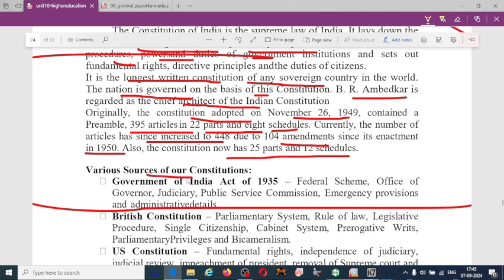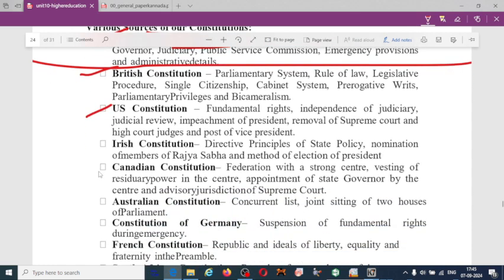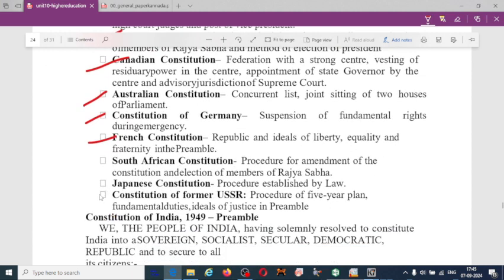Various sources of our Constitution: Government of India Act 1935, British Constitution, US Constitution, Irish Constitution, Canadian Constitution, Australian Constitution, Constitution of Germany, French, Japan, and USSR.